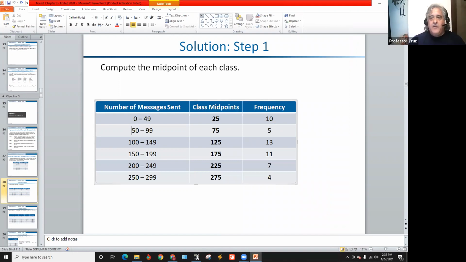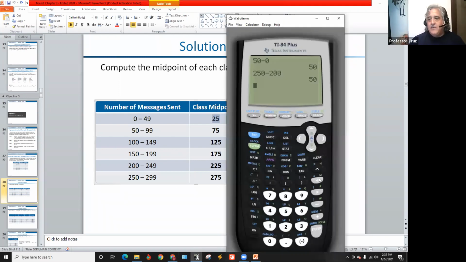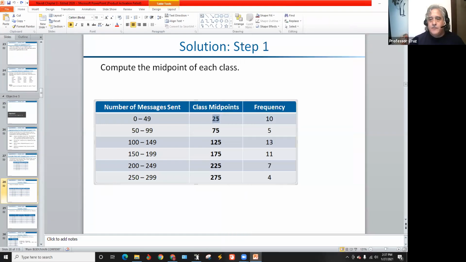Now, how did they determine the midpoint? Well, they take that class width of 50 and divide by 2. And that tells us the midpoint of the first class. And then from then on, we just keep adding 50 to get the rest of them.